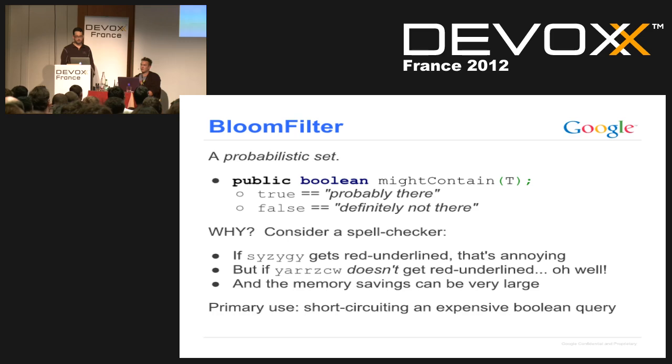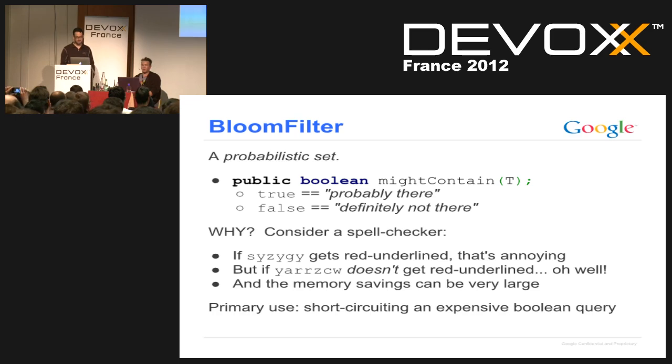The use case that I like to use for BloomFilters, to help you understand why you would ever use one, is to think about a spell checker. If you type in a word like syzygy and it highlights it as being wrong, that is kind of annoying, because syzygy is a correct spelling of a correct word in the English language, unless I just typed it wrong on the slide. But actually I didn't, because the spell checker worked.